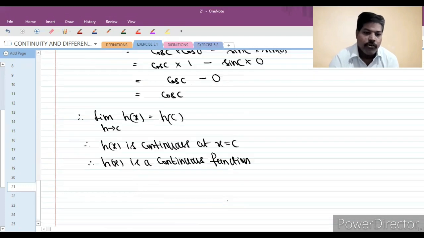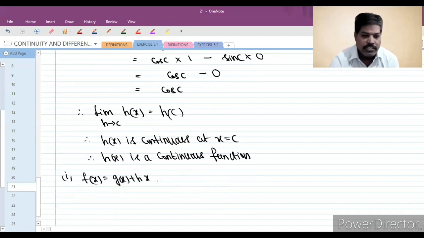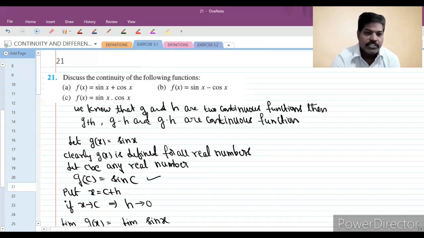So therefore, from the first problem, what is the first problem, students? F of x is equal to g of x plus h of x, which is nothing but f of x is equal to sin x plus cos x. That means it is g of x plus h of x.